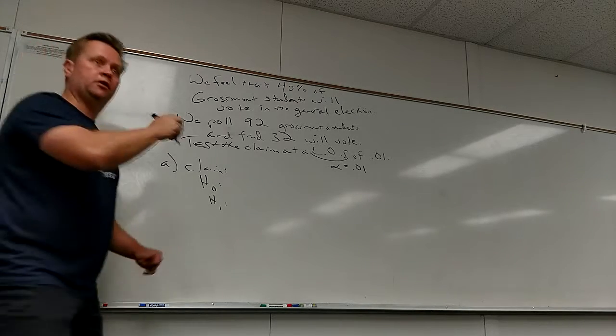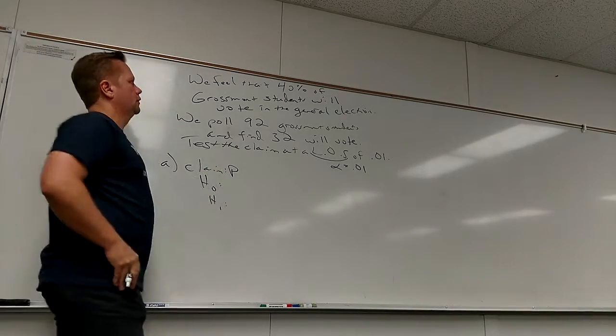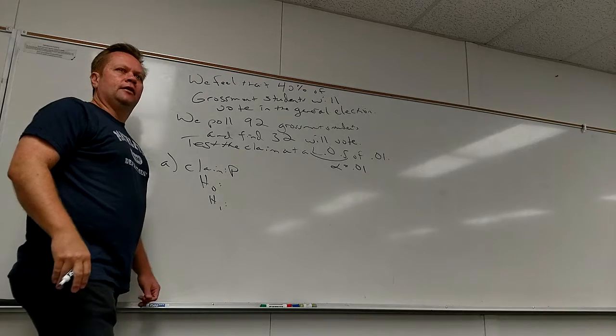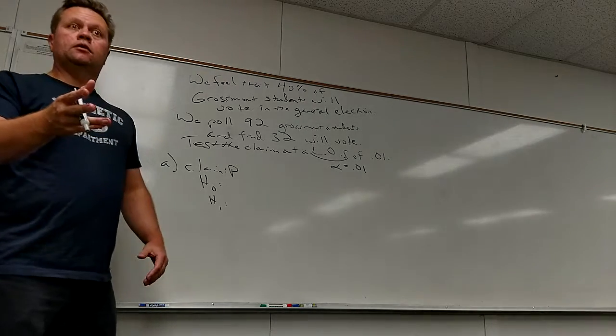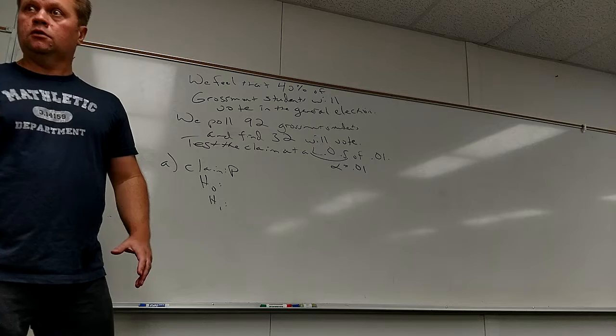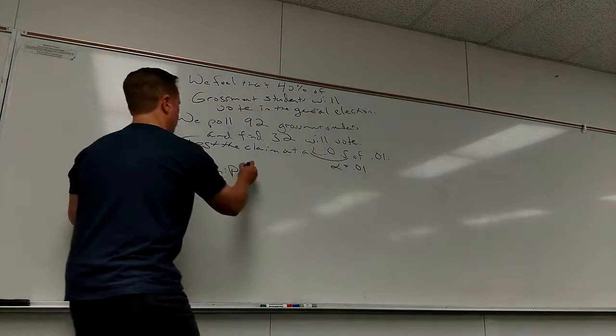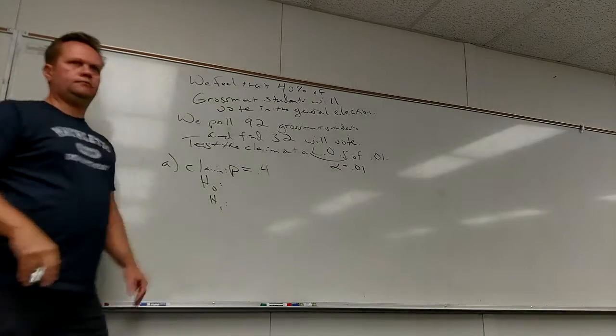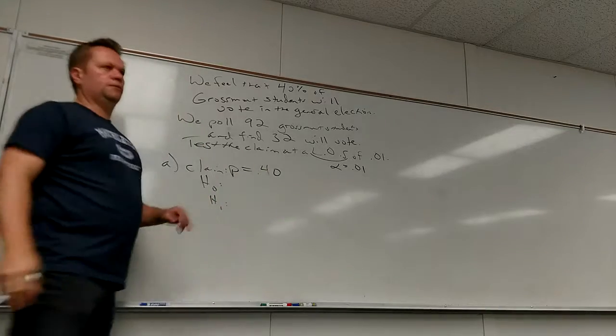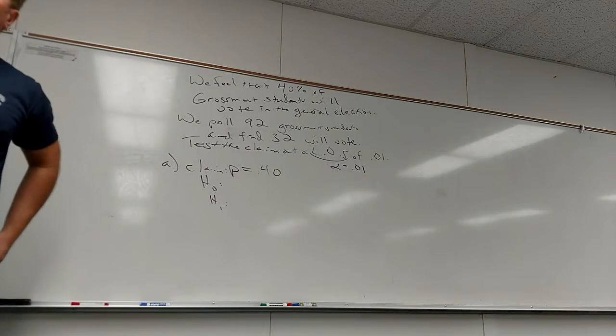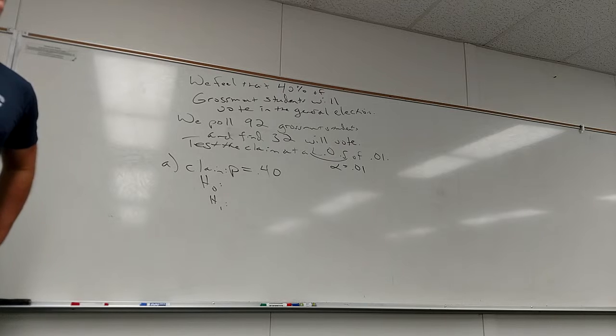So what symbol do I better use? P. All right. P equals 0.4. Be nice to yourself. Immediately make it a decimal so you don't use the wrong number in later calculations.